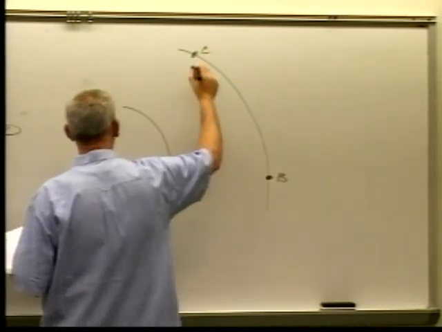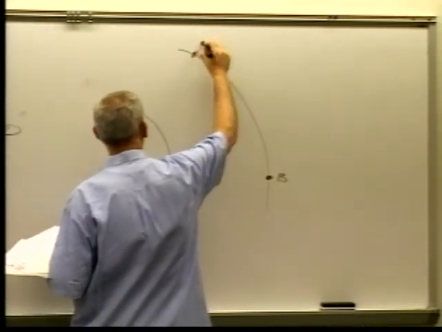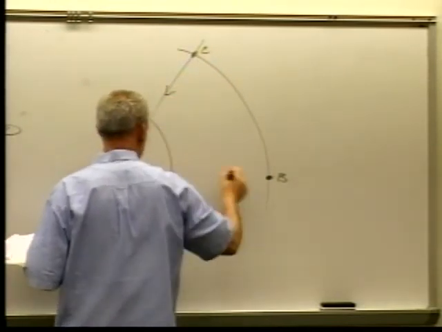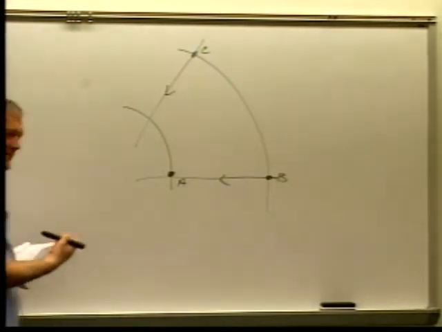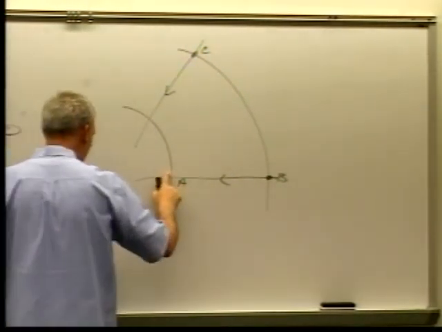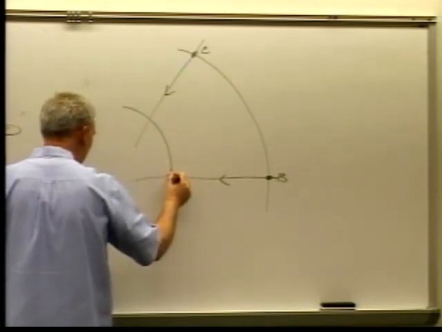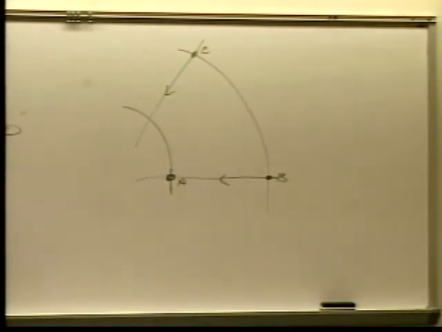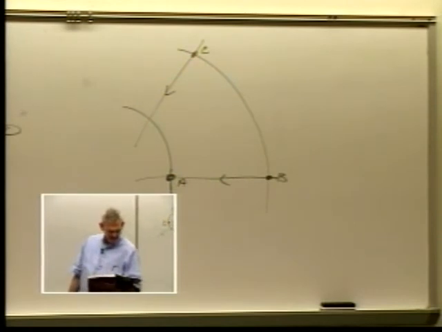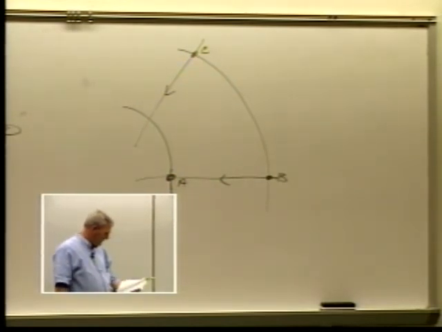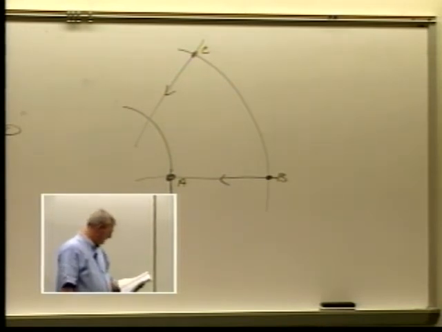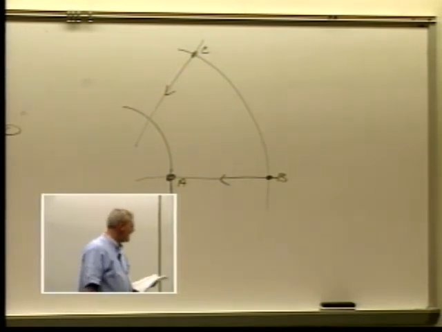Now, I've got electric field lines that look like that. Okay? And it says here, the drawing shows a cross-sectional view of 2 spherical equal potential surfaces and 2 electric field lines that are perpendicular to these surfaces.